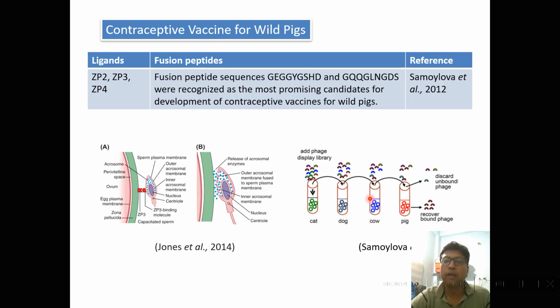Those peptides which were unable to bind were washed away, and the remaining peptides were bound to the pig zona pellucida peptide mixture. The highest binding peptides were found and recovered finally, and these peptides were used for contraceptive vaccine preparation.